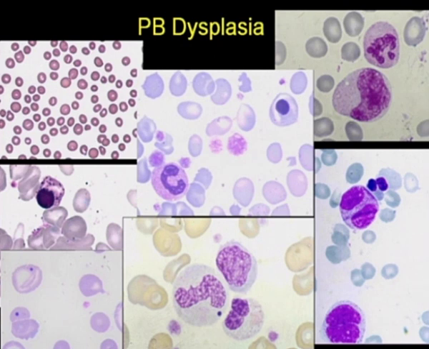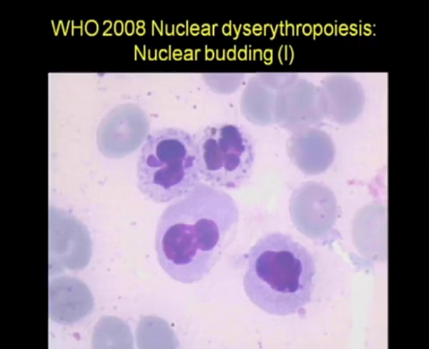Anyway, for the diagnosis, we should detect dysplasia on marrow cells, and this is nowadays the rule.